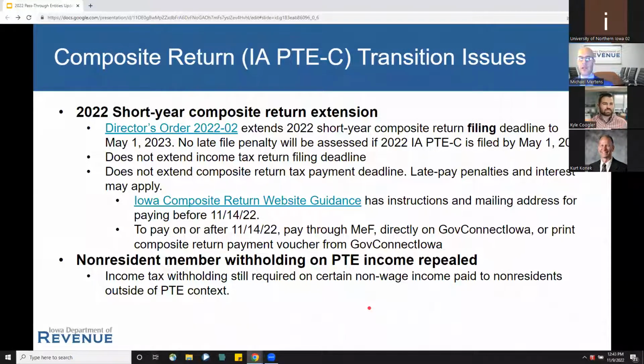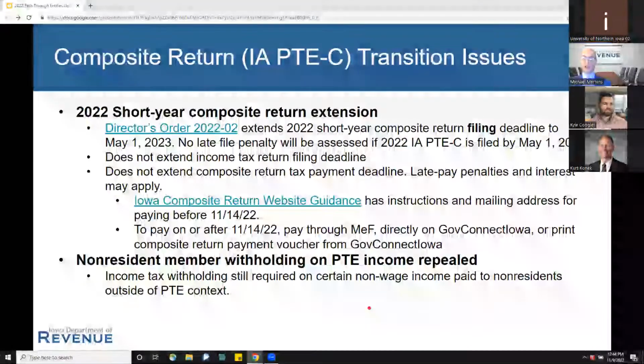And finally, one more transition issue. With the enactment of this new composite return law, the legislature also repealed the non-resident member withholding requirement on pass-through income. So partnerships and S corporations and estates and trusts will no longer be required to withhold on their non-resident members' distributions during the tax year, because that tax payment requirement has been replaced with the new composite return tax.